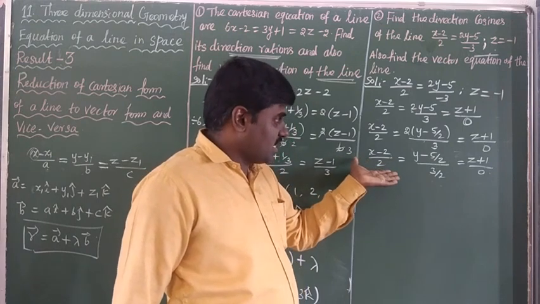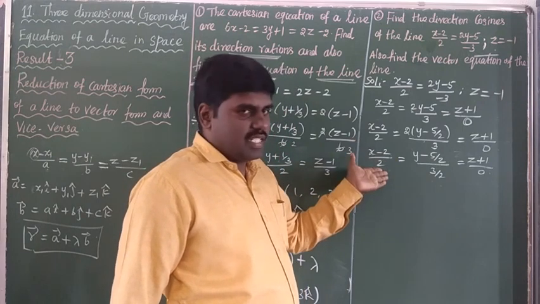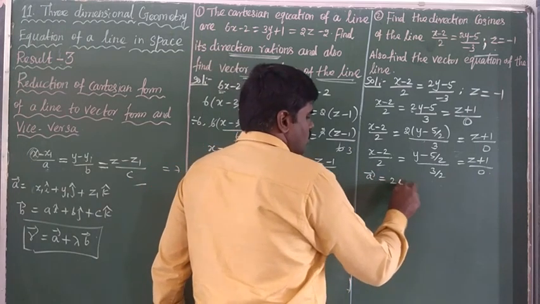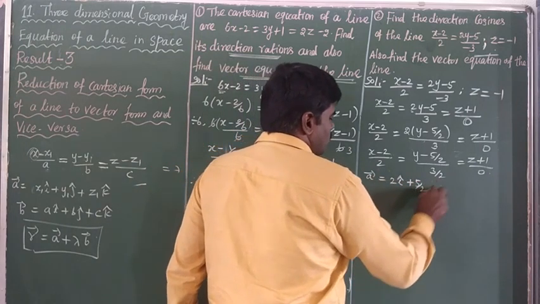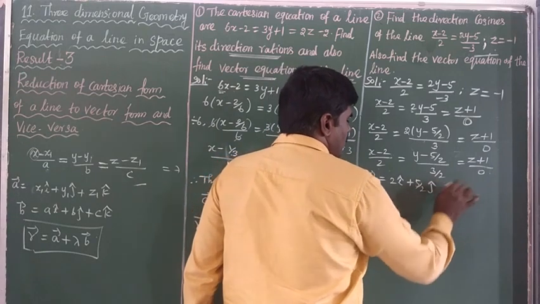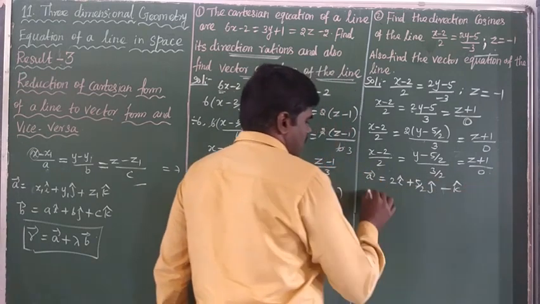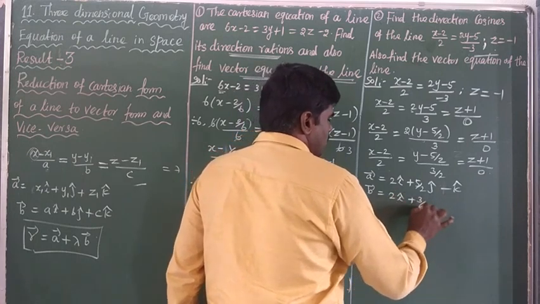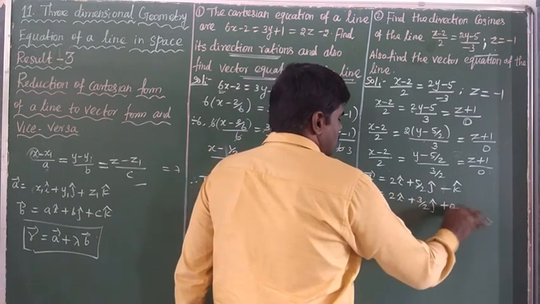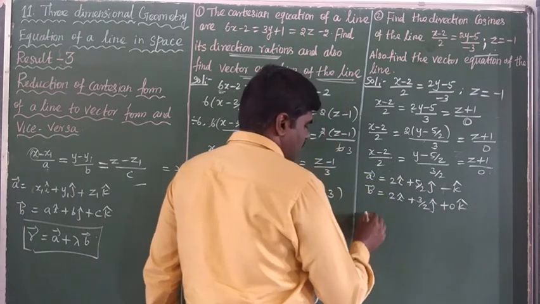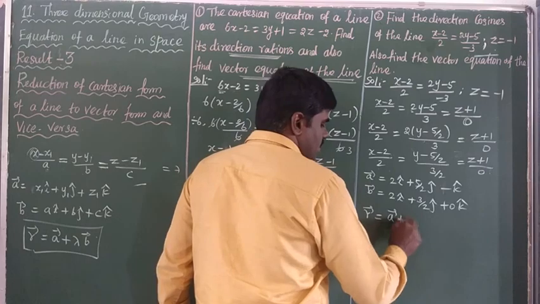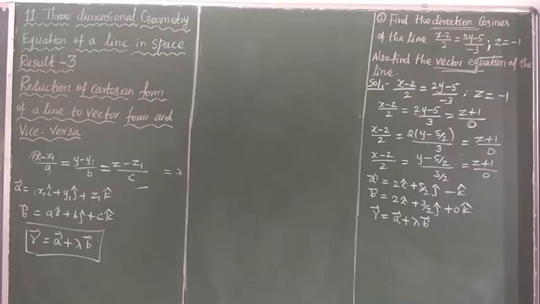So this is the equation in Cartesian form. What are the points? Here you will take A vector equal to 2 i cap plus 5 by 2 j cap minus 1 k cap. Okay, here B vector is equal to 2 i cap plus 3 by 2 j cap plus 0 k cap. The format corresponds to R vector is equal to A vector plus lambda B vector.